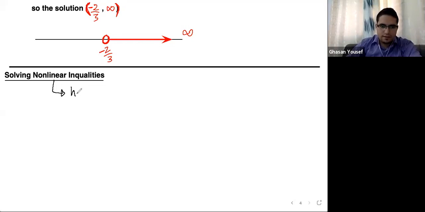The highest power for the variable is greater than 1.